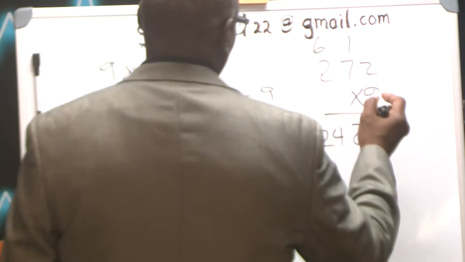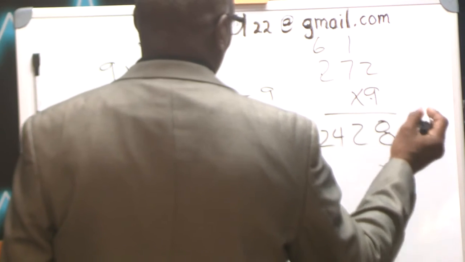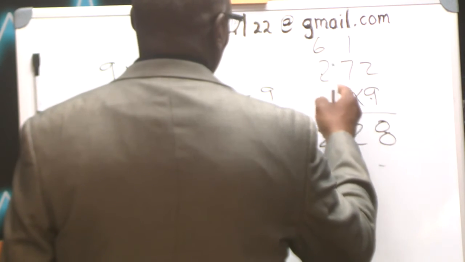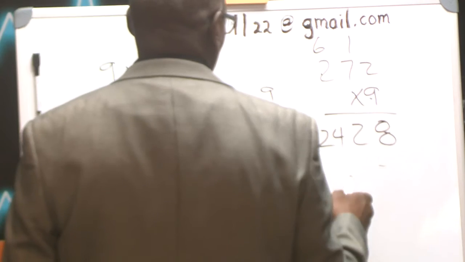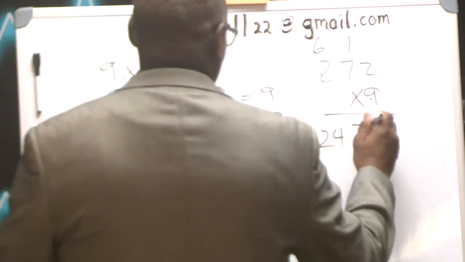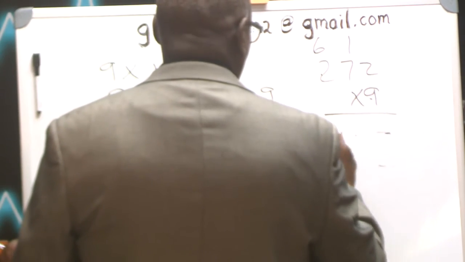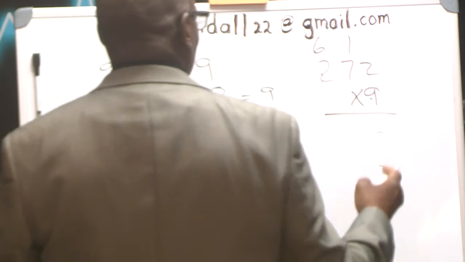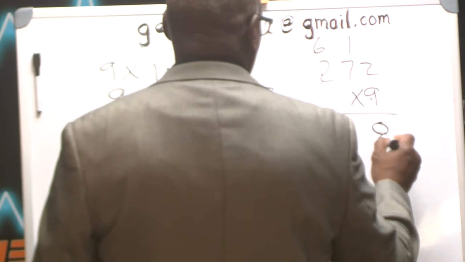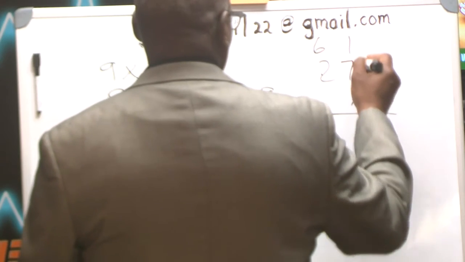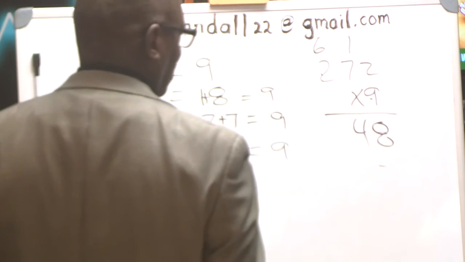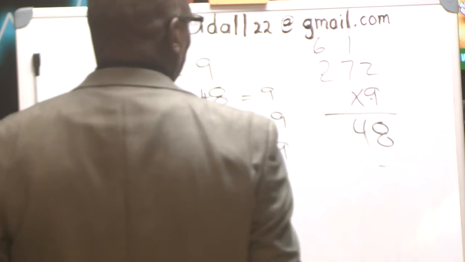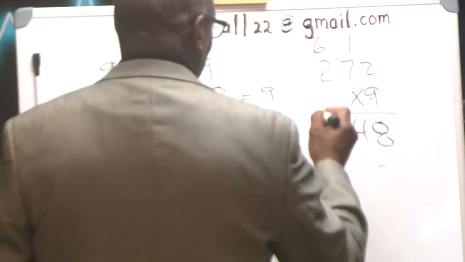Did that go right? No, I didn't multiply right. Help me, because I make mistakes. Look what I did. Is that 18? So let's start again. That doesn't look right, because that doesn't add up. We got 18, right? 63 plus 1 is 64. 18 plus 6 is 24.